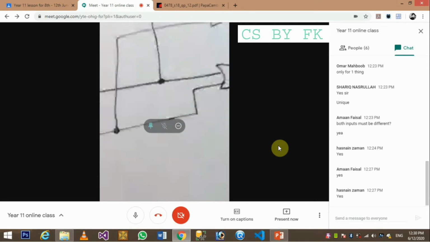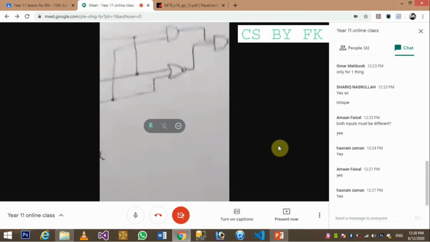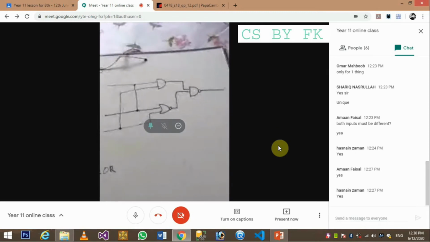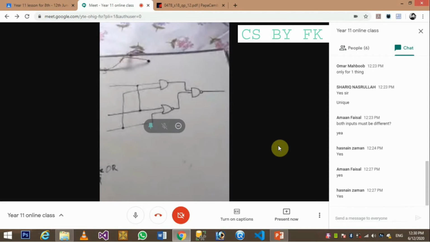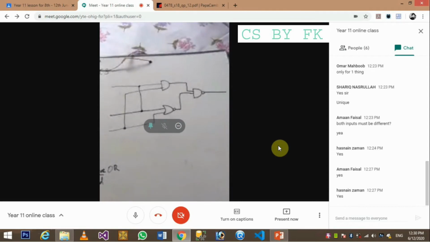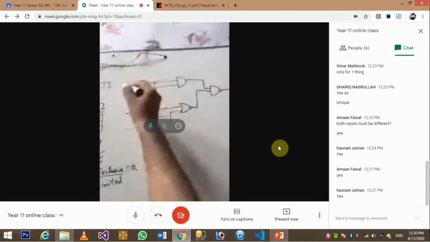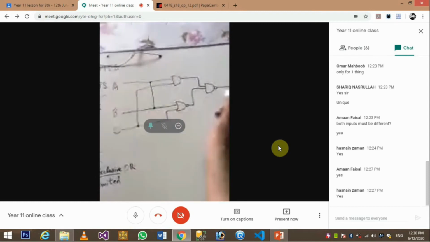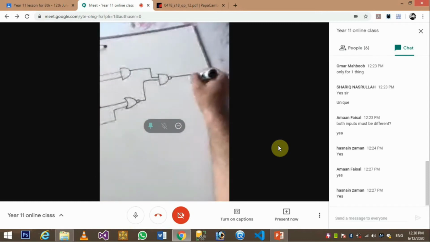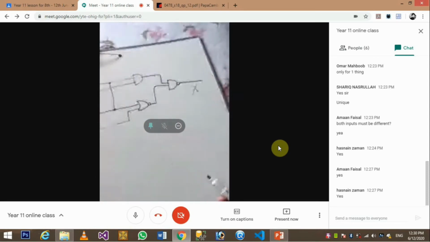All right, so you can see this circuit now. And I'm naming it: this is my A, this is B, and this is C, and that can be X, right?